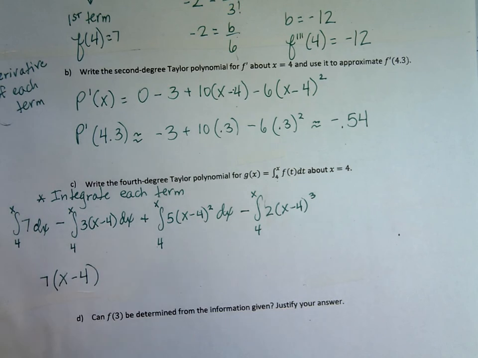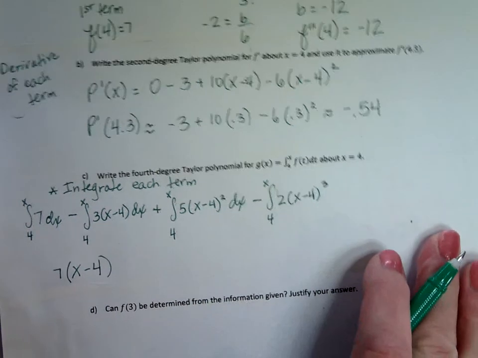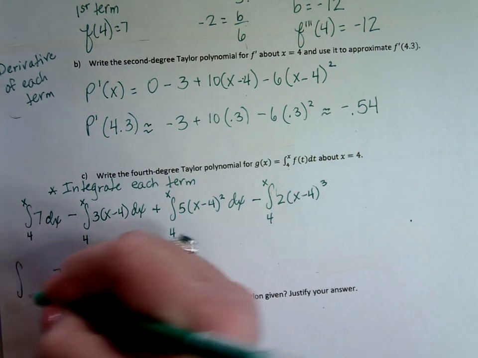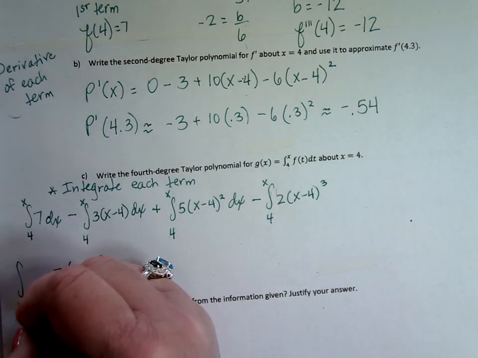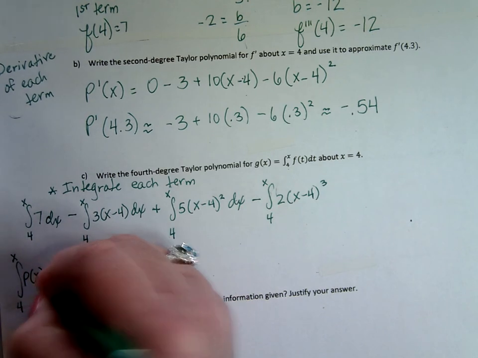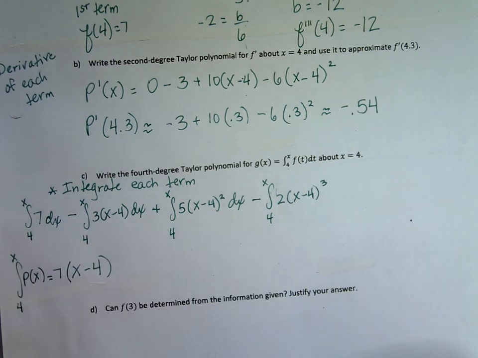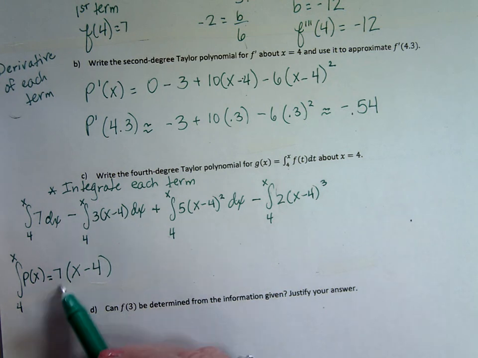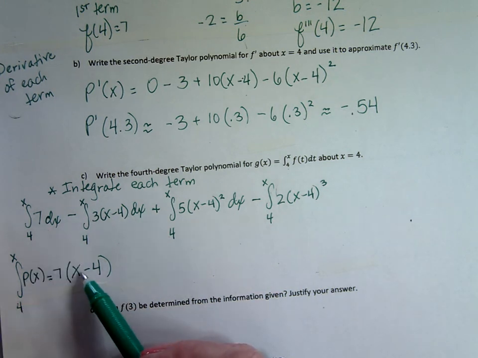And by the way, what I'm looking for here is the integral from 4 to x of p of x. So think of this first term. It's kind of goofy, but it's an f of b minus f of a. The rest of these are relatively nice.